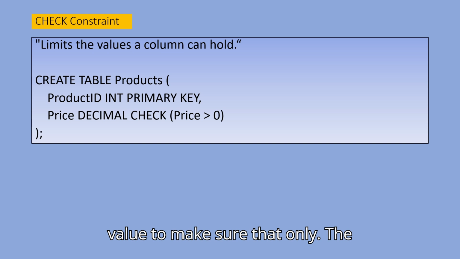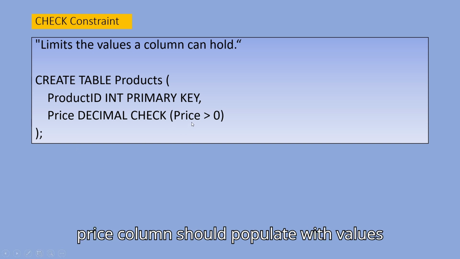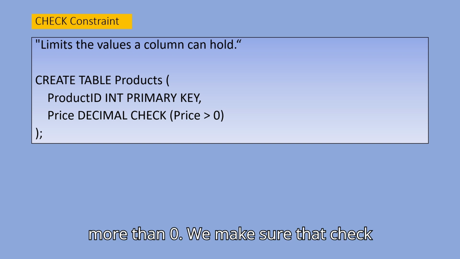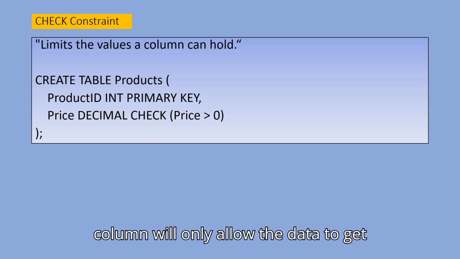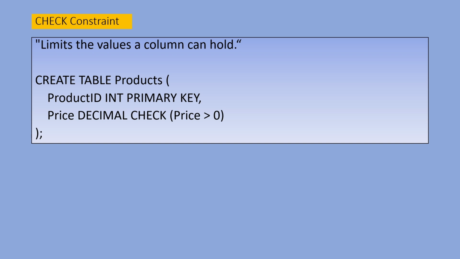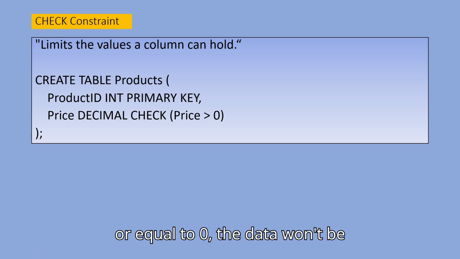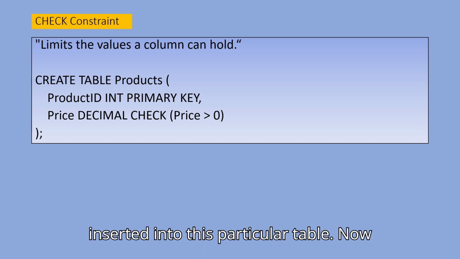To make sure that the price column is only populated with values more than 0, we apply the check constraint. This column will only allow data to be inserted when the price is greater than 0. If the price is less than or equal to 0, the data won't be inserted into this table.